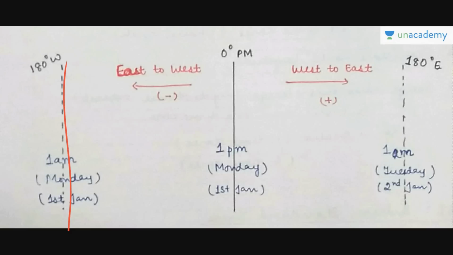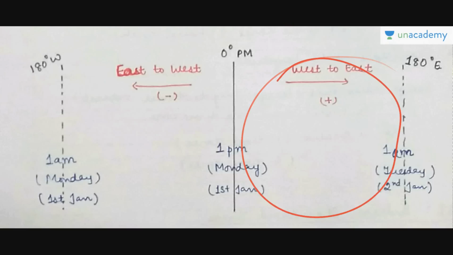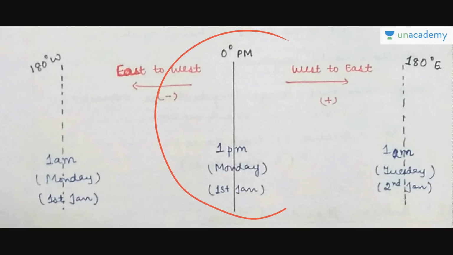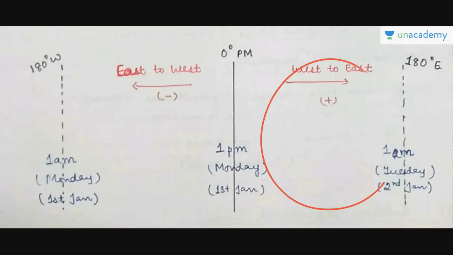Now again you will have to imagine it to be a globe or a circle. This is the front view, or the 0 degree meridian view. Now the area, this portion, which is presented here on a flat sheet of paper, the area between the 0 degree prime meridian and the 180 degree east, that is the international date line, if this is a round body or a globe, this area will actually become the western side of this line.